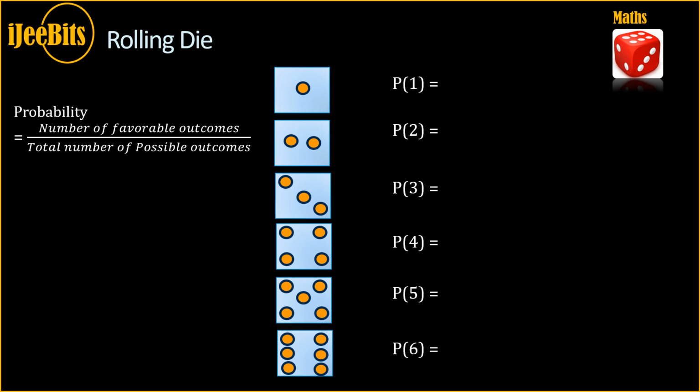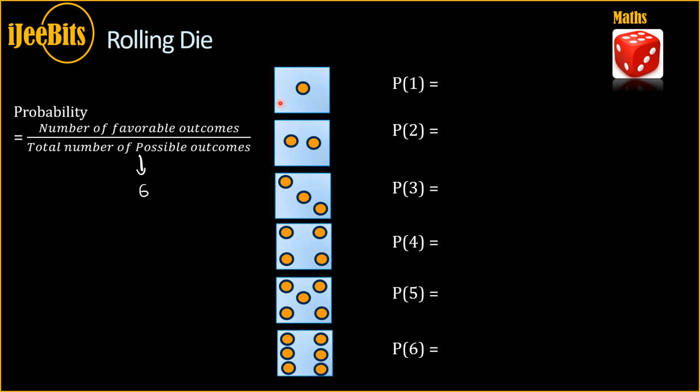The total number of outcomes in our case is 6, but the number of favorable outcomes is what you are trying to predict. Probability of getting 1, when we throw a die: the probability of the favorable outcome for getting 1 is what you are trying to estimate. So how many ones do we have? Out of 6, one possibility is getting 1.